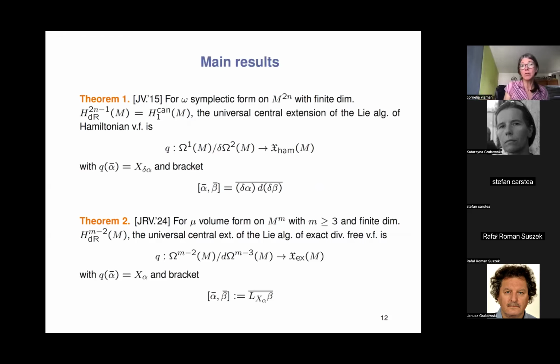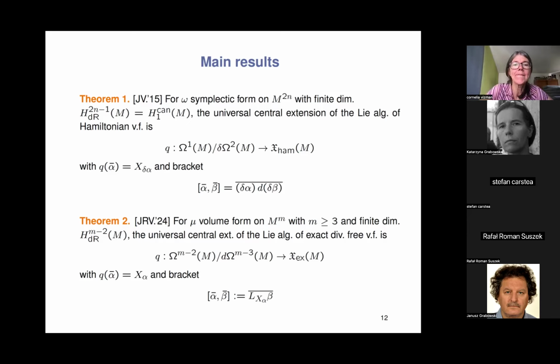So the conjectures of Roger. But he formulated it with the universal central extension. I remember it more like the Lie algebra cohomology, but it's almost the same up to the perfectness of the Lie algebras.